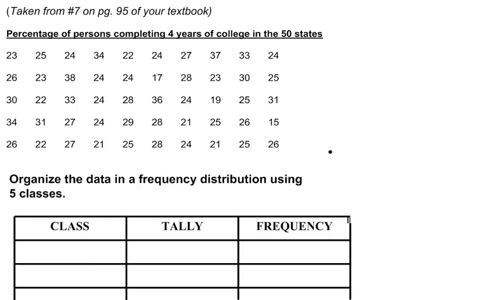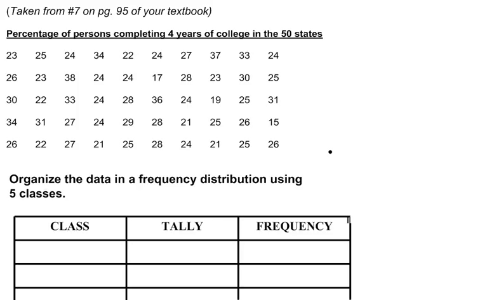Now the first task that we've been given with this data set is to organize the data in a frequency distribution. When we do a frequency distribution, that basically just means we're going to organize groups of classes representing each set of numbers, and we're going to find the frequency for each of those by counting the number of occurrences in each of the classes that we have.